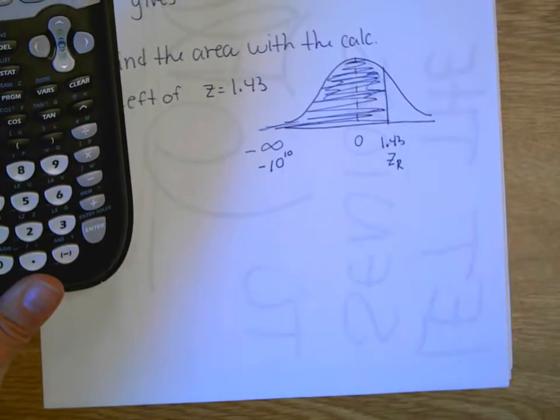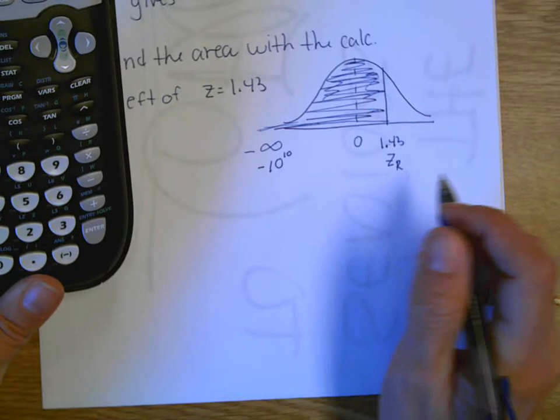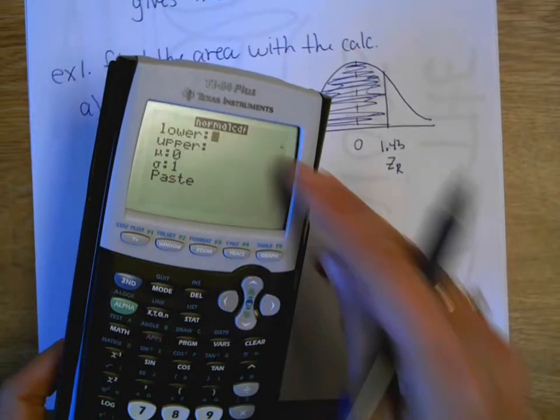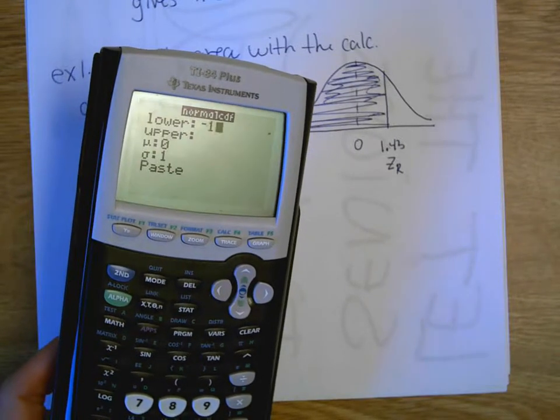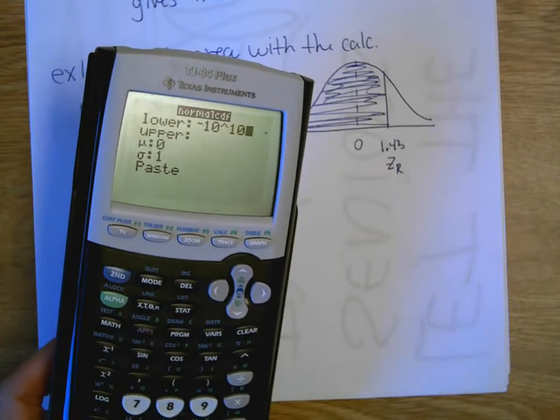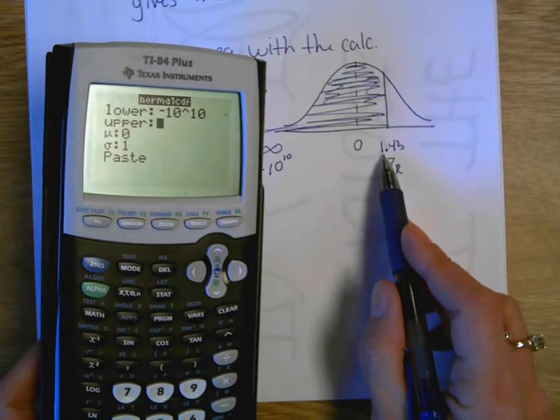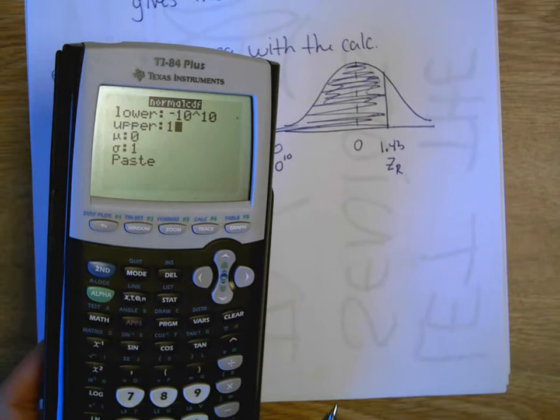That's going to get us way out there into the negative land. So if you've got this kind, your lower is negative 10 raised to the 10th. Upper is my right boundary, I'm stopping at 1.43.